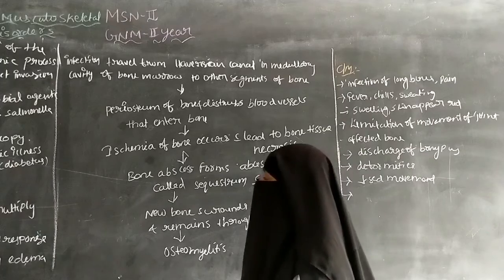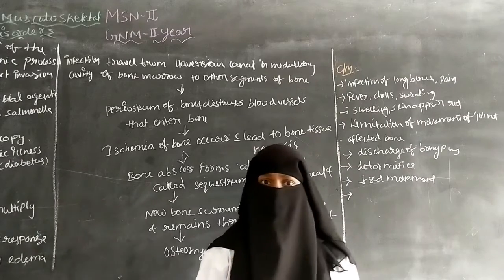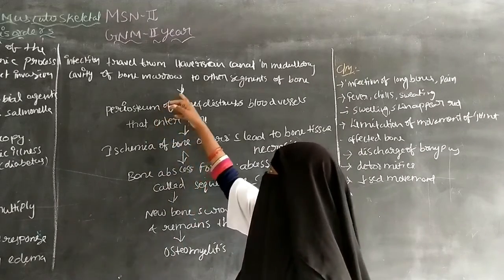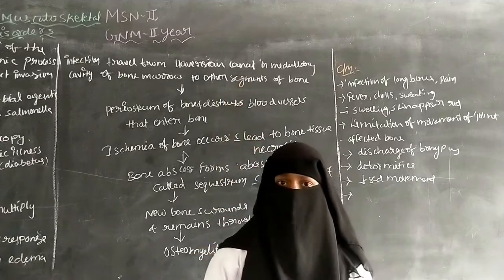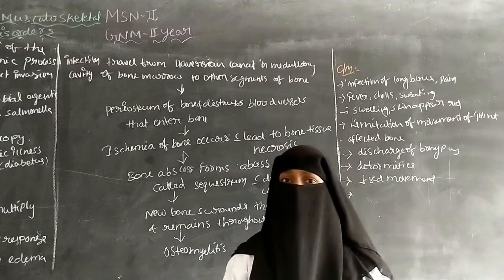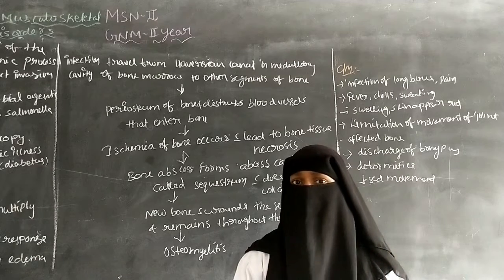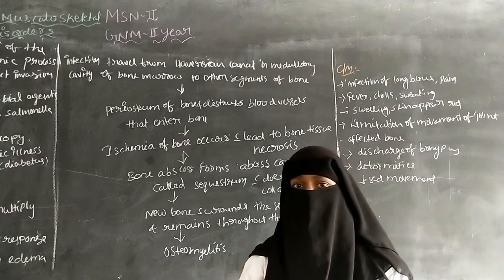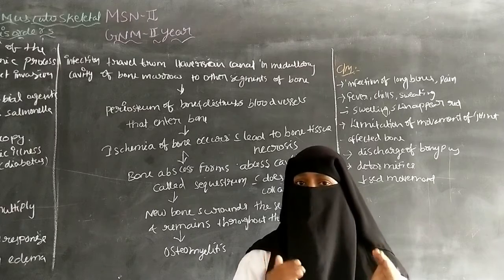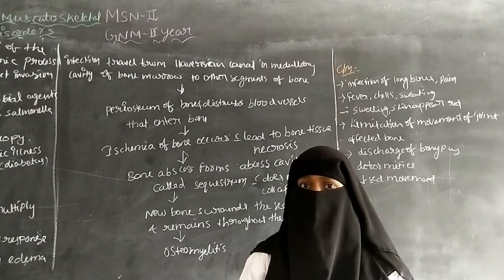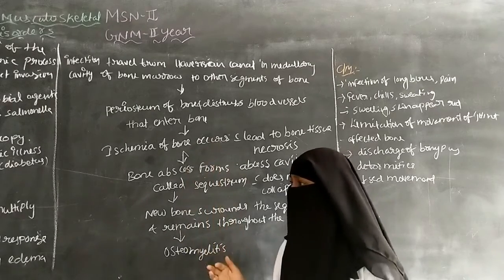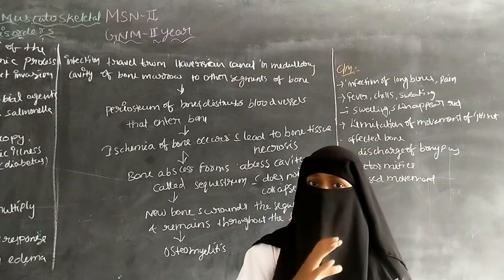So the infection can travel from the Haversian canal of the medullary cavity of the bone marrow to the other segments of bone. The medullary cavity is the medial part of the bone, and the Haversian canal is present in it. The Haversian canal is a tube-like structure.